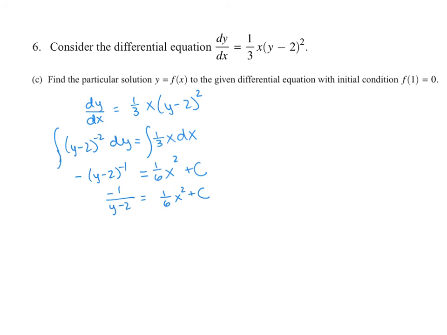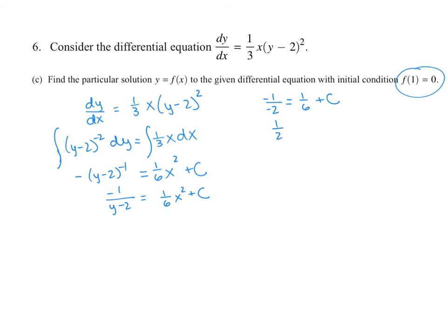And looking at this, we know f of 1 equals 0. That's going to allow us to solve for c. And I like to do that in this step. So if I go ahead and plug that in, that's the point (1, 0), so negative 1 over (0 minus 2) equals 1/6 times 1 squared, which is just 1, plus c.